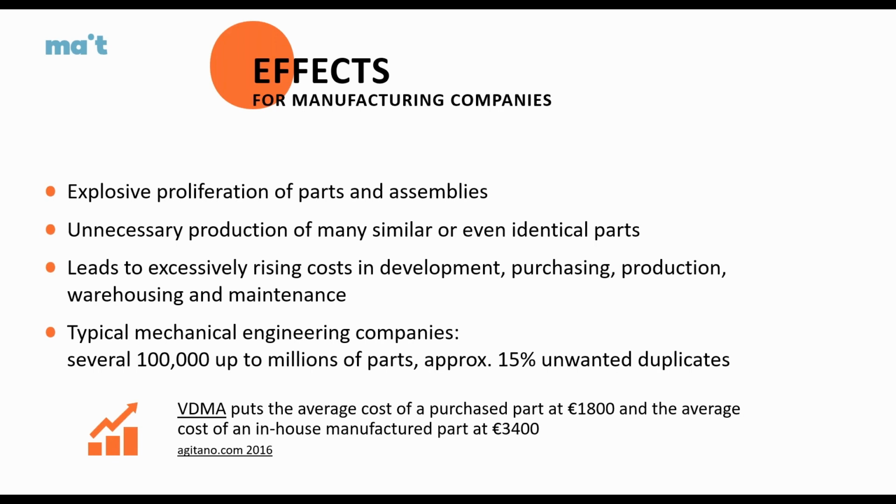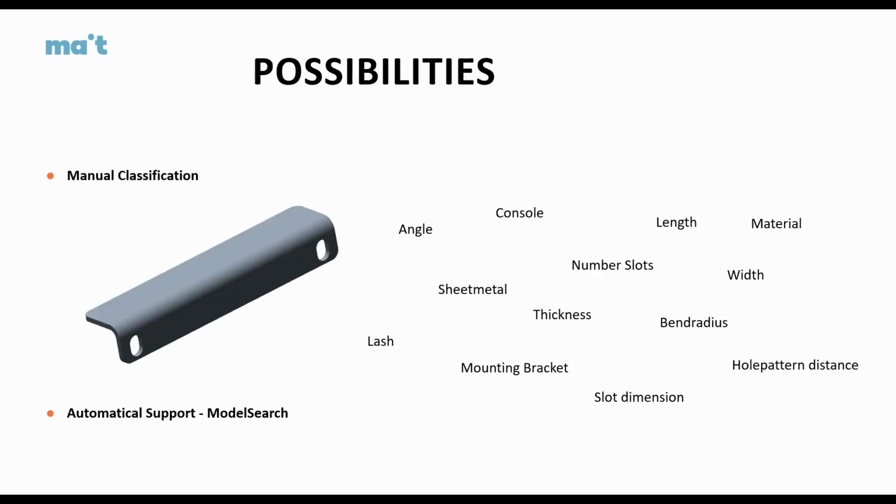So if we combine the money with the 15% unwanted duplicates, then you can imagine how much money you could save if you would find and reuse already existing models. But what possibilities do you have to find existing models in your database without knowing the article number?